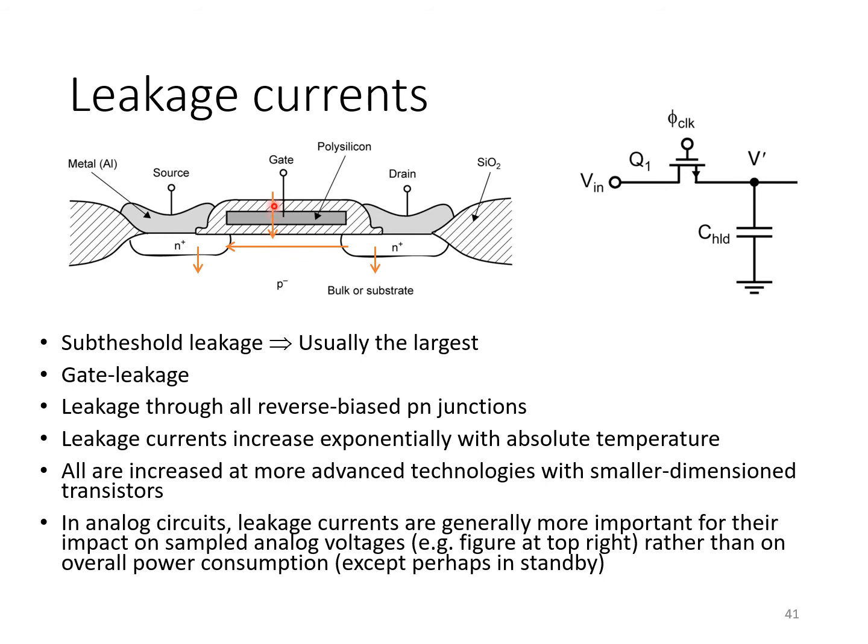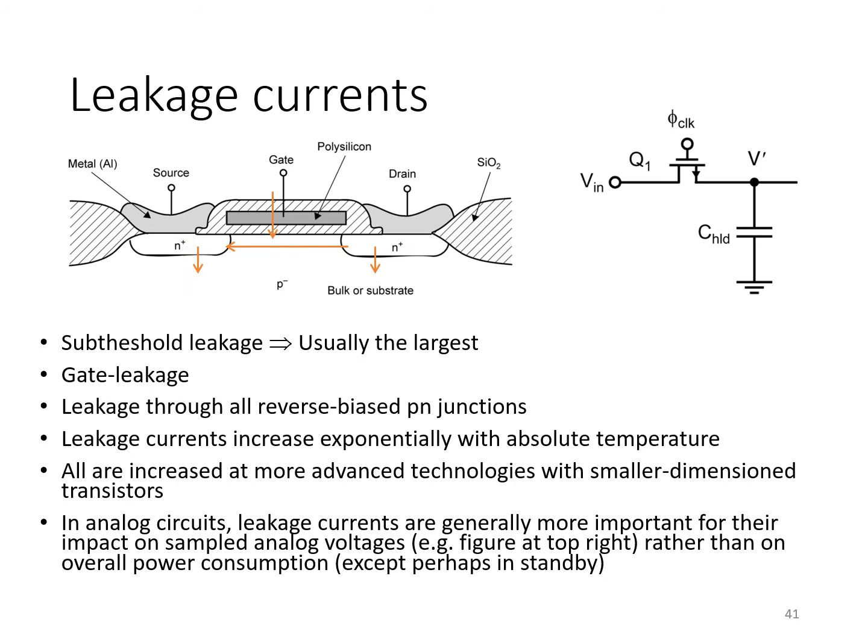In such cases, you can model that as a finite current that flows into the gate, and that current is proportional to the gate area and also increases at high temperature. You've also got a finite leakage through all reverse bias PN junctions, and there are several of them in a typical MOSFET.